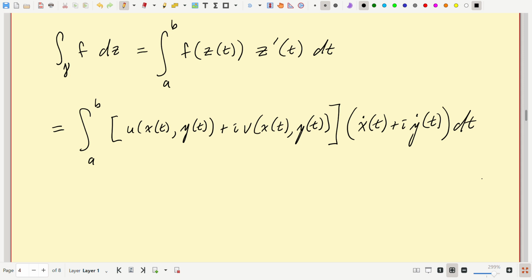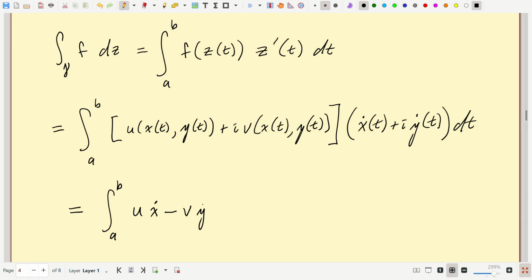And now I'm going to speed it up a little bit and write it out more quickly. That will be the integral from a to b. The real part's going to be, let's see, I get a u times x dot. I'll get an i times an i. That'll be real. That'll be minus v times the y dot.